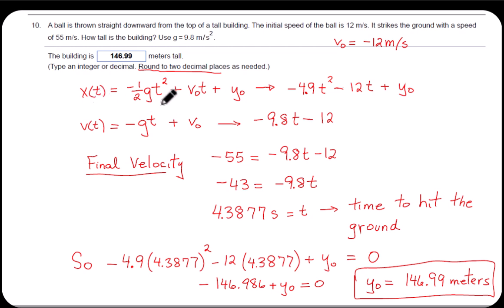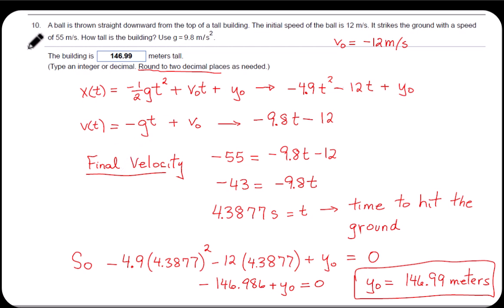All right, well, let's see. Got my position. Okay, so y at 0 is going to be 0. My velocity looks like this. Got g for gravity. My initial velocity is minus 12. And so what was my final velocity?